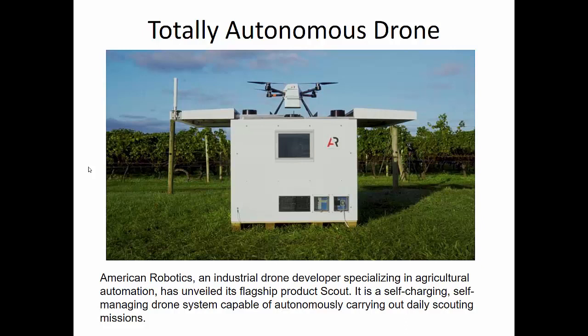You'll notice that the crop behind the drone is grape, so a high value crop where you might have this in a vineyard, and you have it programmed to maybe fly every day or every other day. It charges itself, collects the information, and it's totally autonomous, where you're not going to do much hands-on with it.